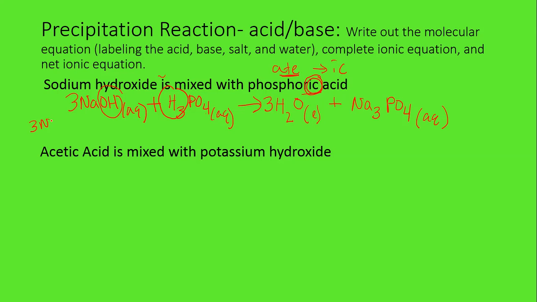We got 3 Na+ (aq), plus 3 OH- plus 3 H+ plus our phosphate yields... I'm sorry, you can't separate that.